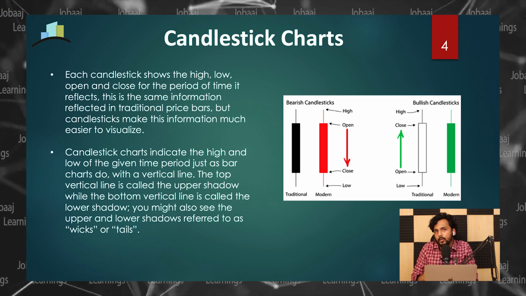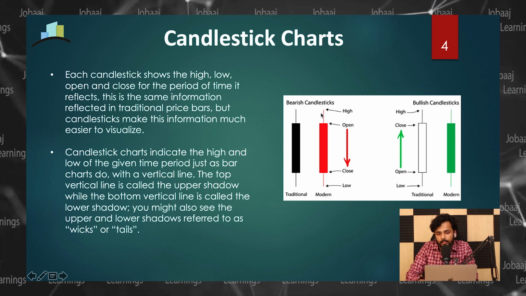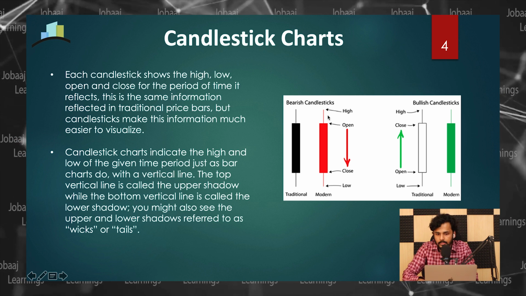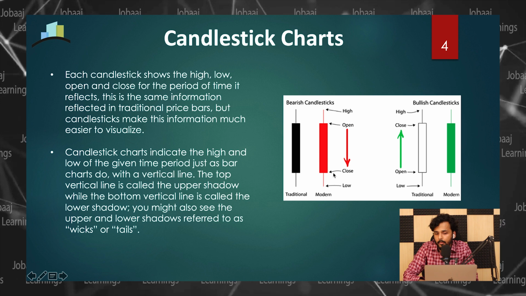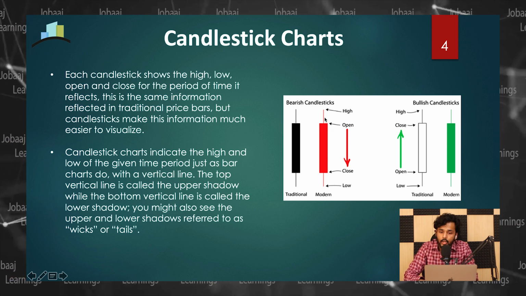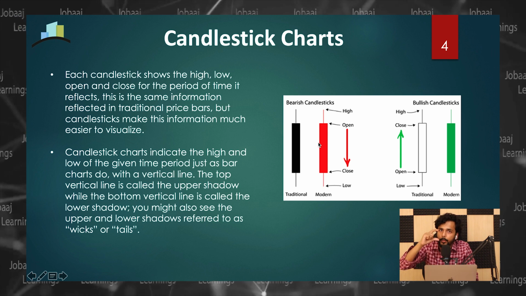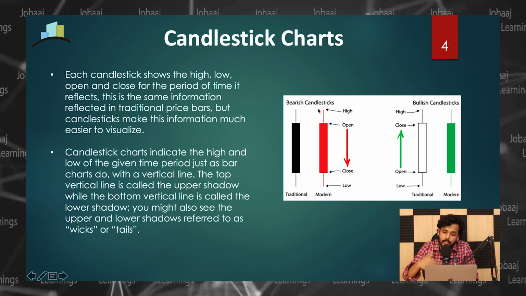It made a low on that particular day of 85 rupees. But then during the day itself, it made a high of 105 rupees, right? So the open is 100, high is 105, low is 85, but the close is 90, right? So this body is representing the gap between the open and close, and the two vertical lines on the upside and the downside.